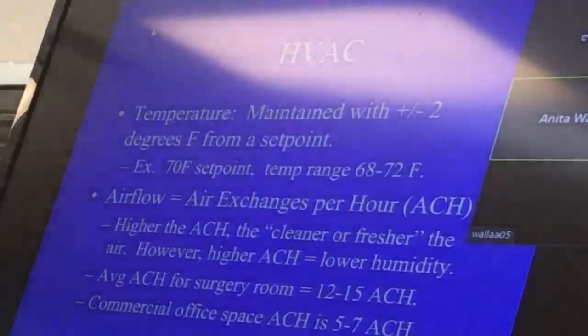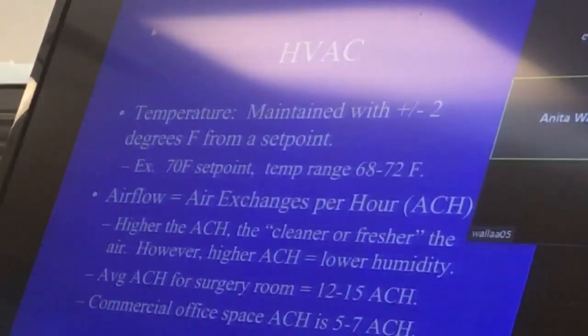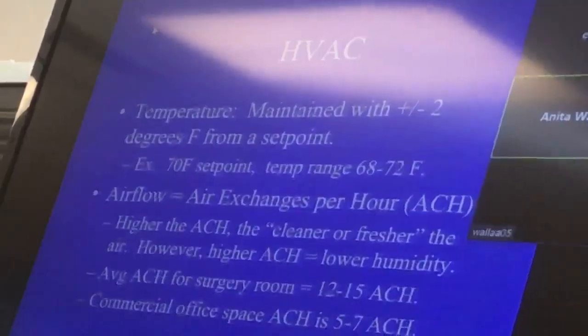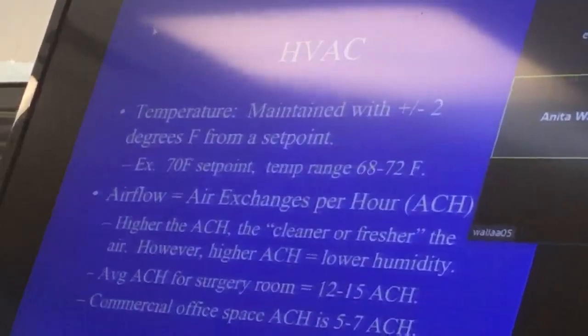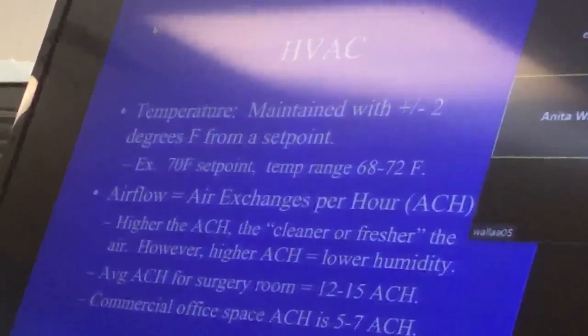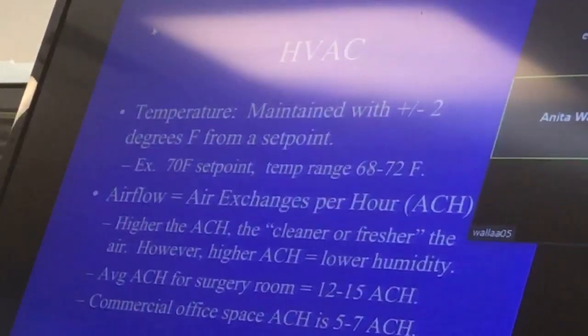The problem with those cages was that the air exchange rate was so high that the humidity level within the cage became extremely low. And so the newborn rats in those cages were experiencing ringtail. We moved those rats to a standard, non-ventilated cage, and the ringtail went away. This is something to keep in mind. Again, an example of how your facility design and your equipment can impact the overall health of those animals.